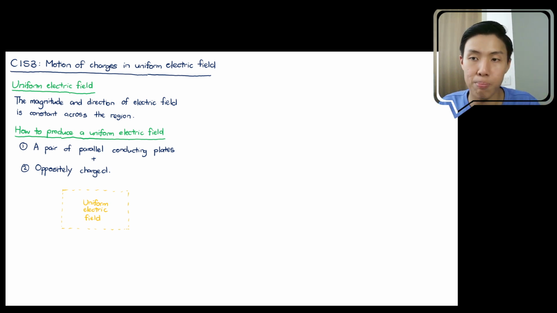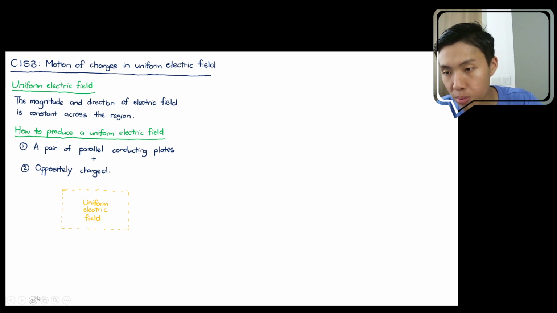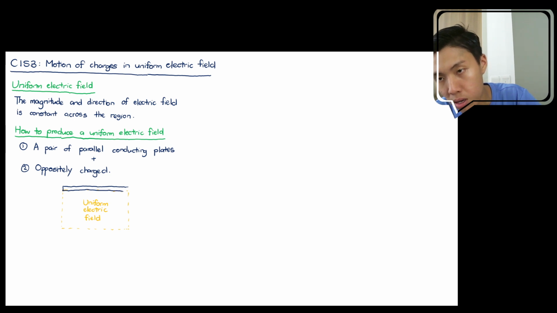So if you want to make that happen, you should have a pair of conducting plates, and you have to sandwich this region in between them. An example of it is to place one plate on top, then one of it below.